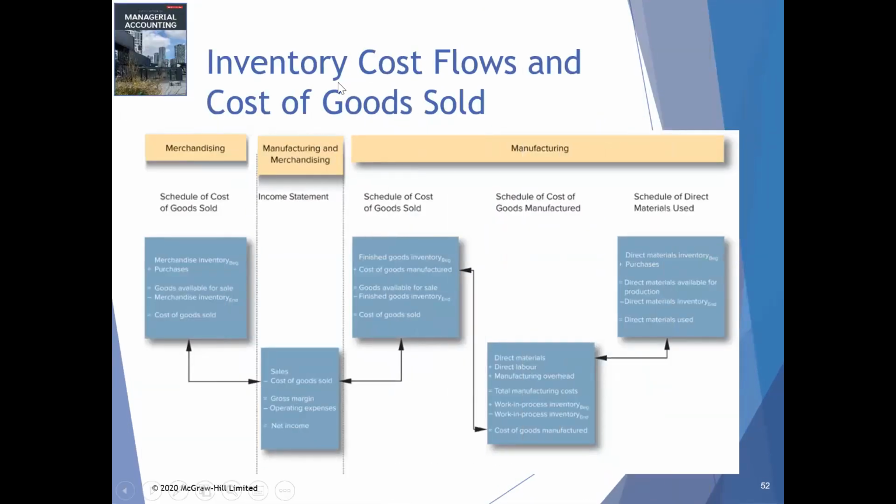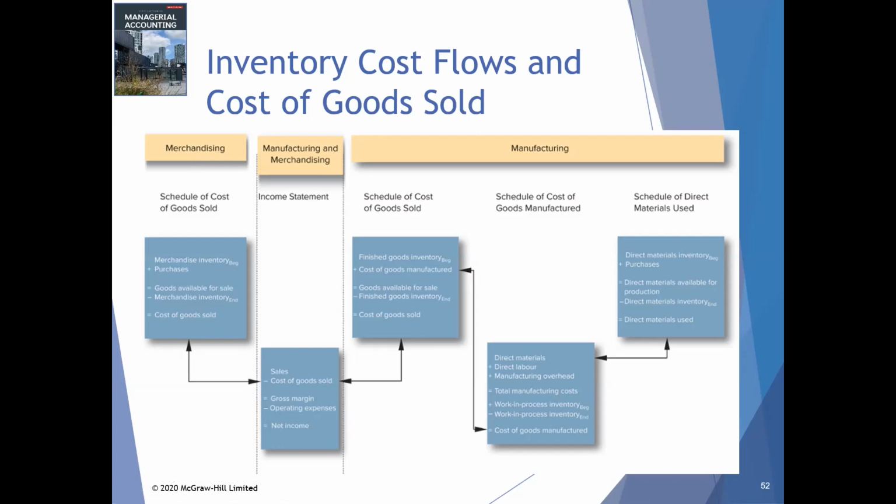Now next is inventory cost flow and cost of goods sold. Now look at this: merchandising, manufacturing, and merchandising and manufacturing. Look at the left hand side. If it is merchandising, a schedule for the cost of goods sold will be prepared. Merchandising means like Costco and Superstore.